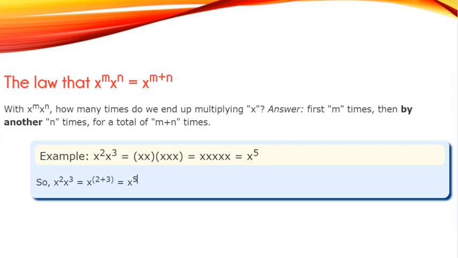Whenever the base is the same, you can simply add the exponents. So first you write down the same base x, then you add the powers 2 plus 3. Fine. So you will get x to the power 5.